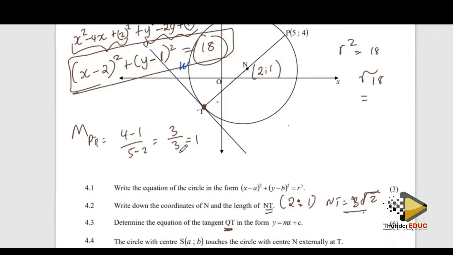Then the equation, remember it's y minus 1 is equal to 1 into x minus 2. Or you can use the mx plus c. When I open that up, I'm having y is equal to x, I'm going to have a -2 and then a +1. So it's x minus 1.